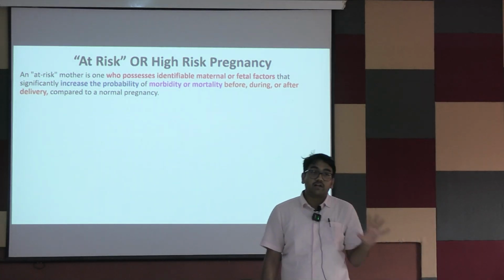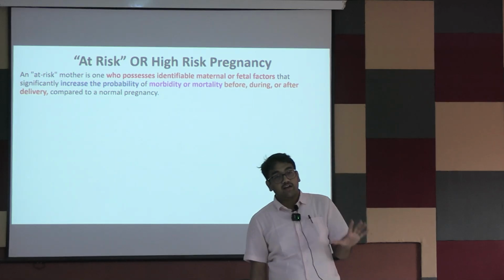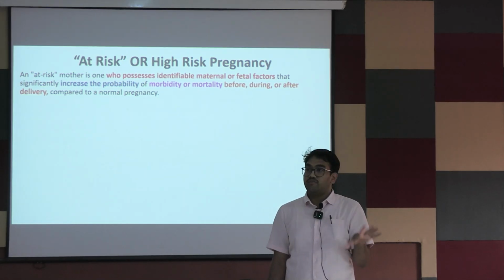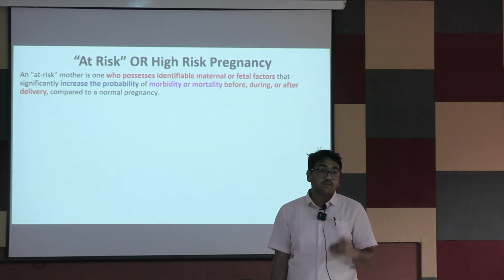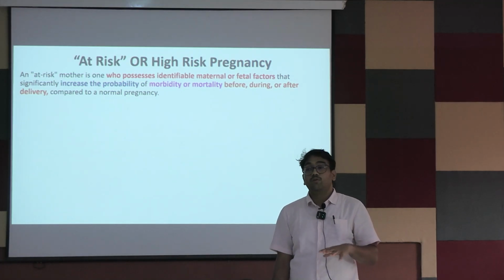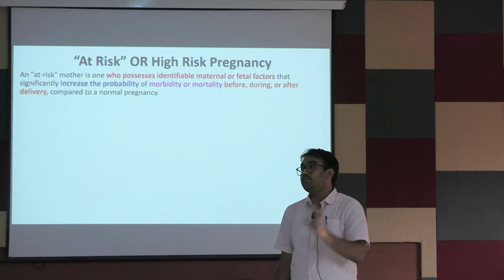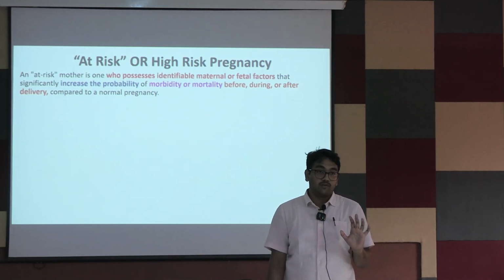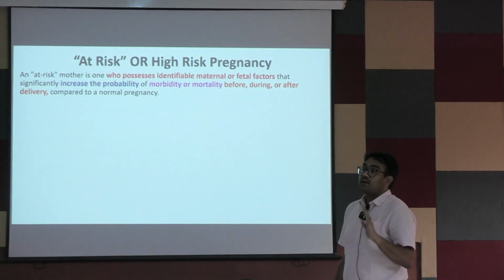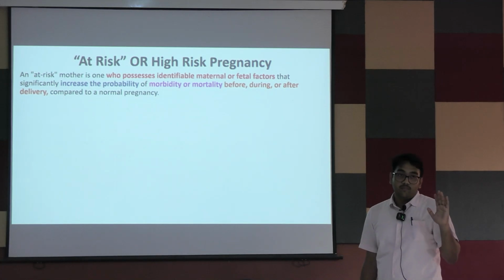So any maternal or fetal defect, disease or deformity that predisposes the mother to potentially have an adverse feto-maternal outcome, where the mother or the baby can suffer from problems, is classified as a high risk pregnancy.